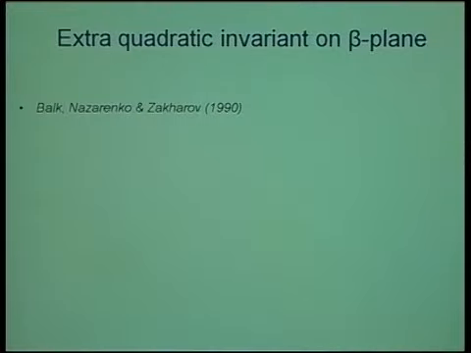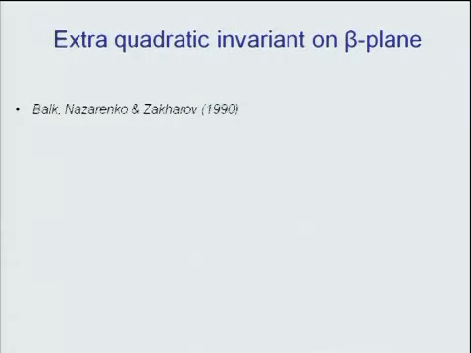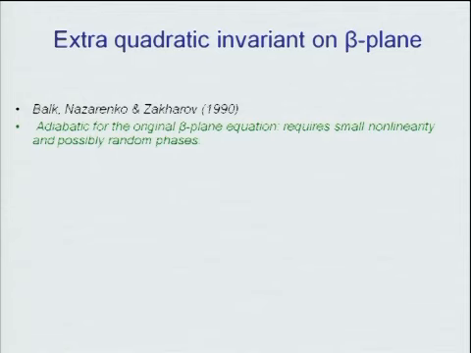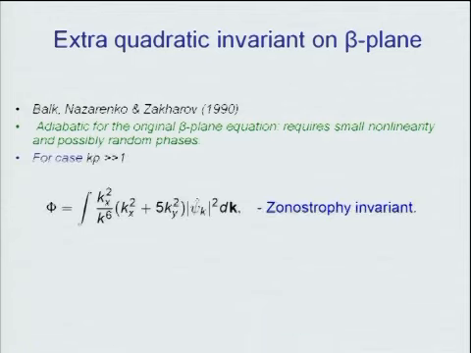Now, talking about weak turbulence, there has been a prediction of an extra invariant for CHM, an invariant that we call zonostrophy because it helps the creation of zonal flow. It has to do with rotation and zonal flow, so it's zonostrophy.